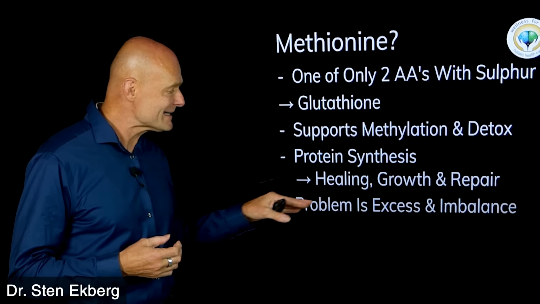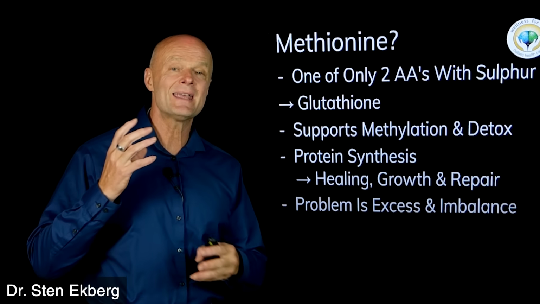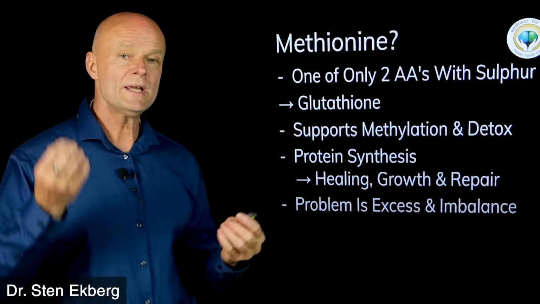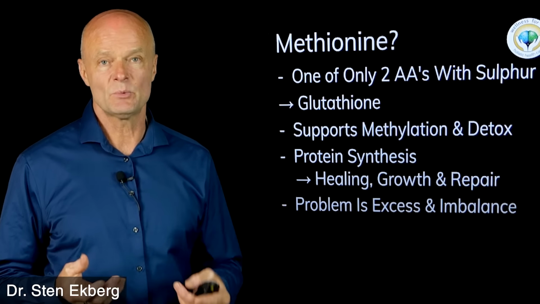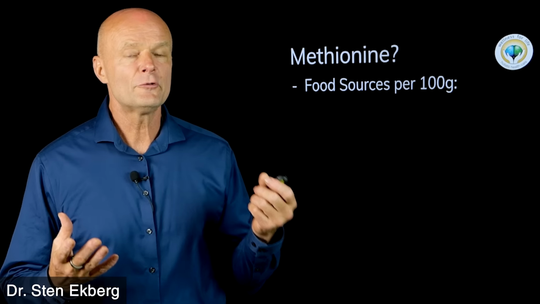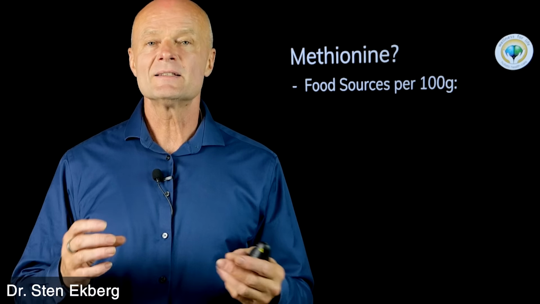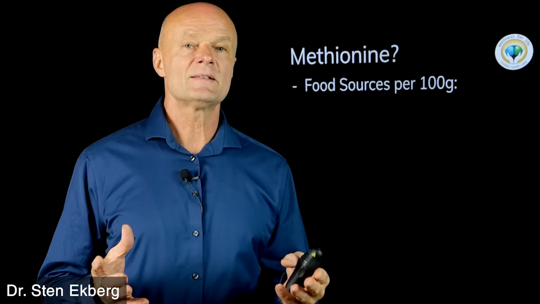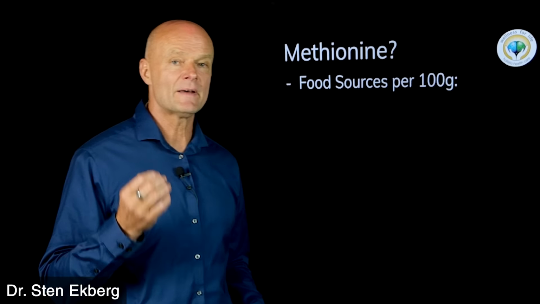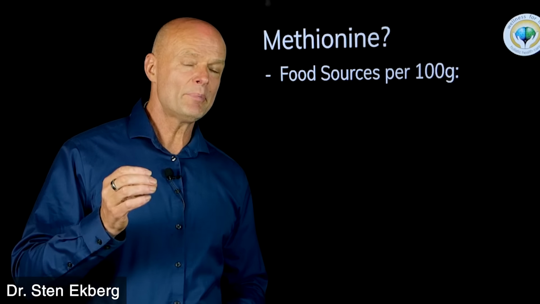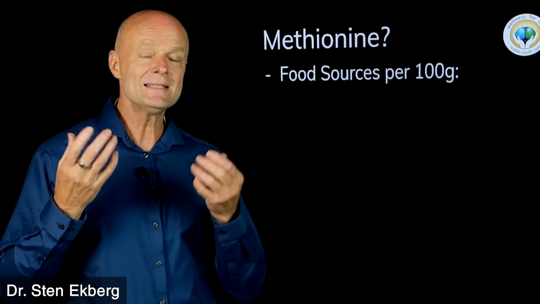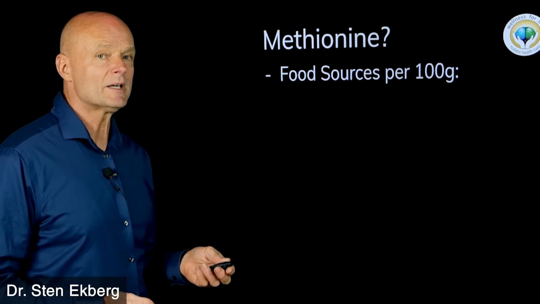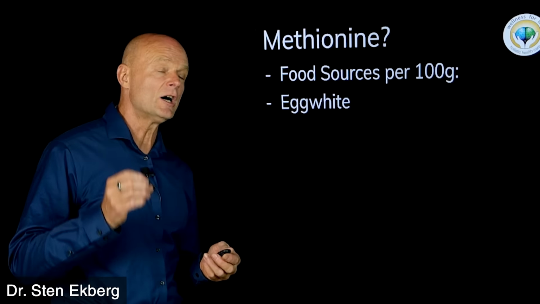It's the excess, and if we get imbalances, if we eat way too much of something and we're missing a lot of these nutrients that we talked about. So I don't want you to freak out about protein and start avoiding it and thinking that it's a bad thing because it has methionine. But I still want to point out a couple of things about food and how it is possible to get too much, but it's going to take a lot.